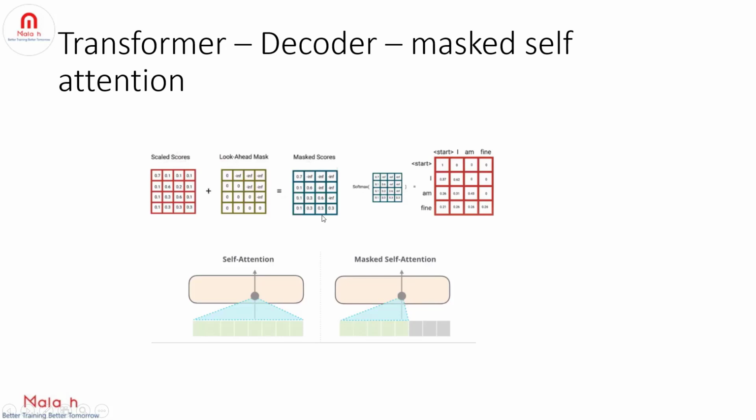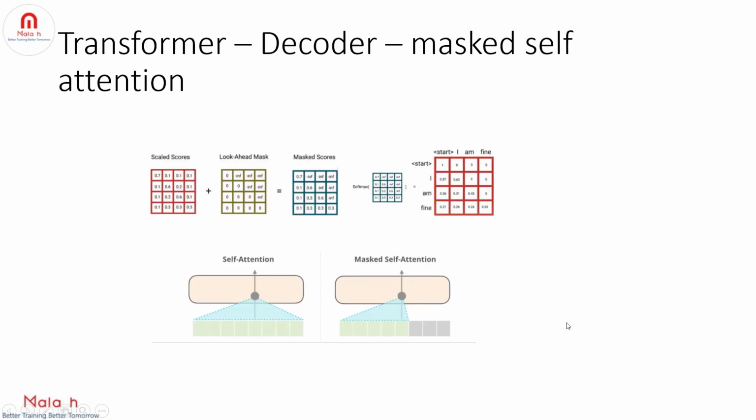That is how we do the masked self-attention. It only knows the score of the current and previous words, and all the remaining will be masked. Here we set it to negative infinity because the softmax of that is 0. This is the only difference between encoder and decoder: one is self-attention, the other is masked self-attention.